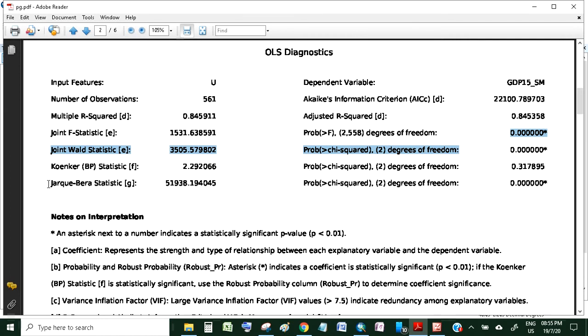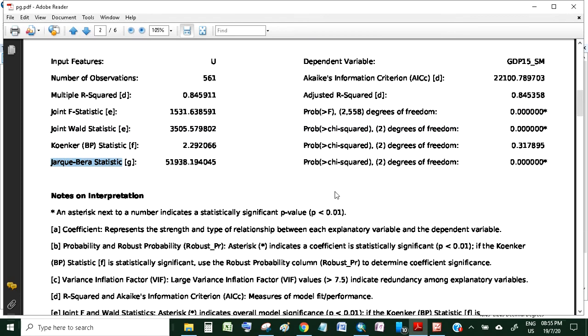And the next is this Jarque-Bera statistic. The null hypothesis for this test is that the predicted values are normally distributed, but here it is statistically significant, so you have to reject the null hypothesis. What does it mean?